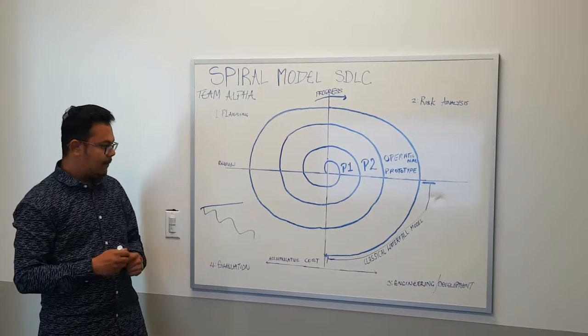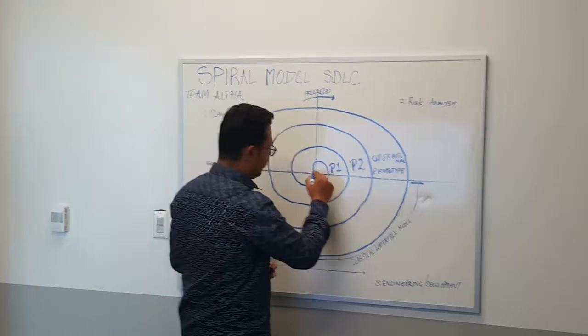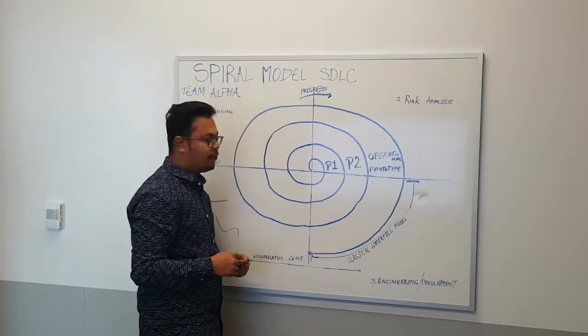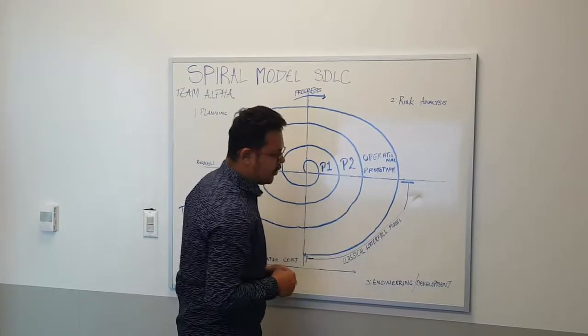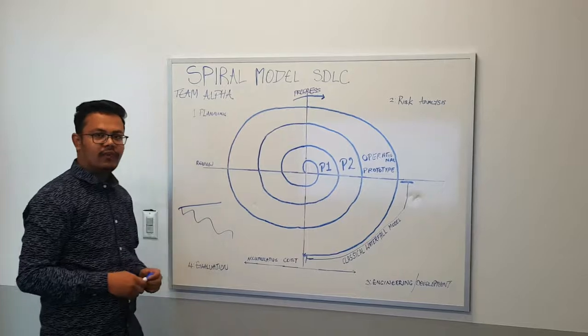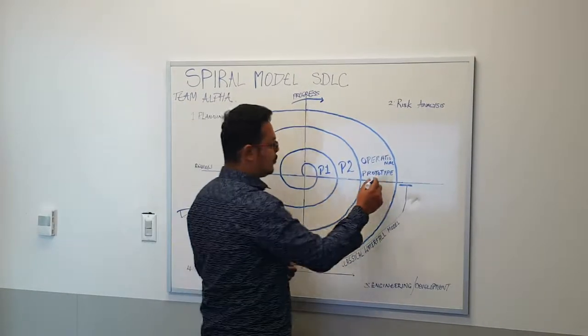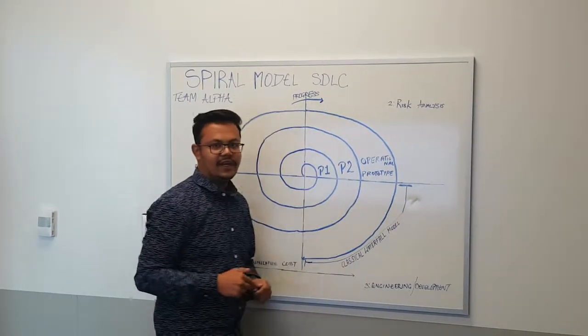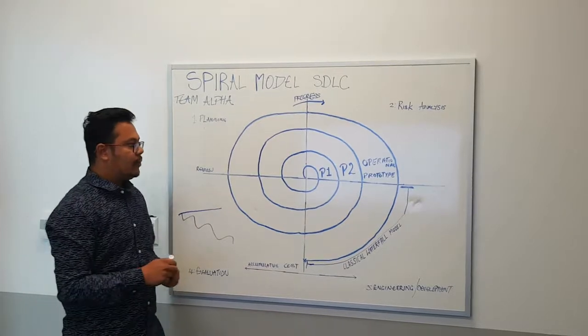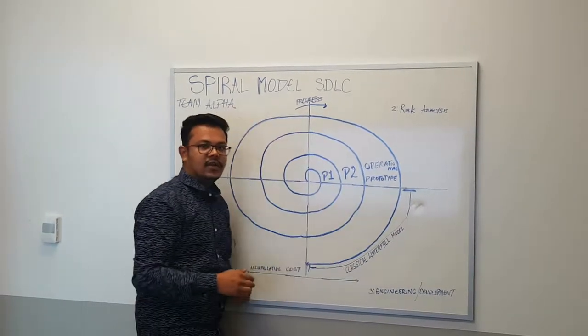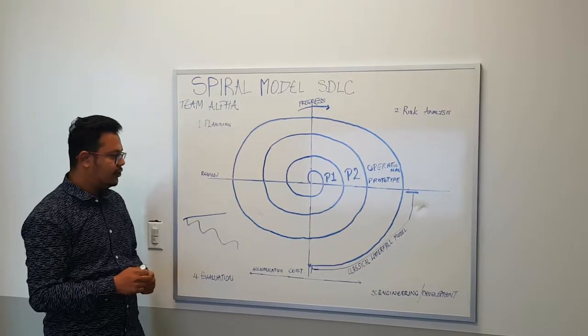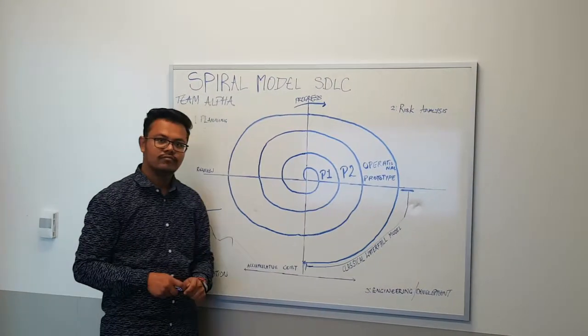Here we also build a second prototype, which acts as a demo prototype. That is prototype 1, prototype 2, and after that we make a final prototype, which is an operational prototype or a release candidate. If the prototypes are okay, we go on to the next phase, which will be continued by my friend Navdeep. Thank you.